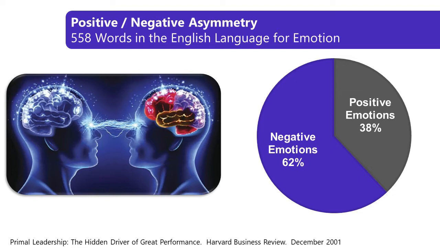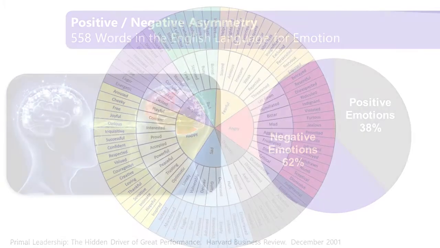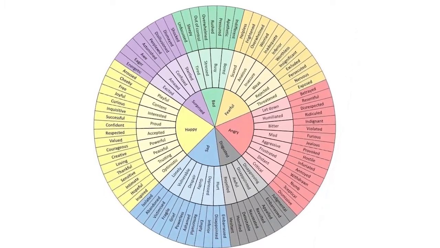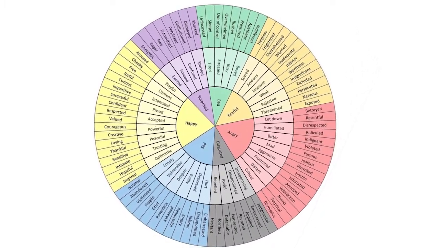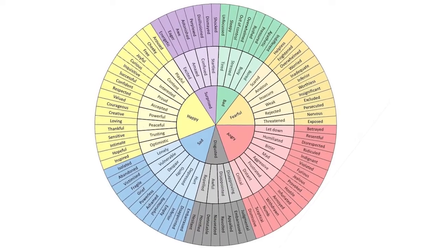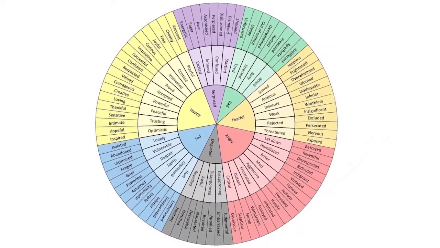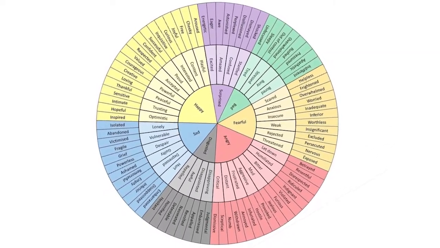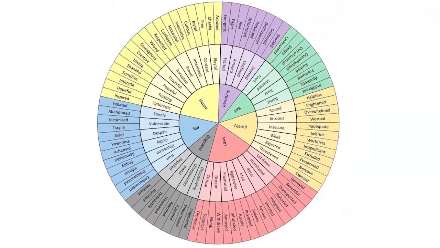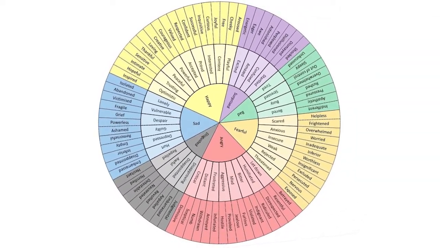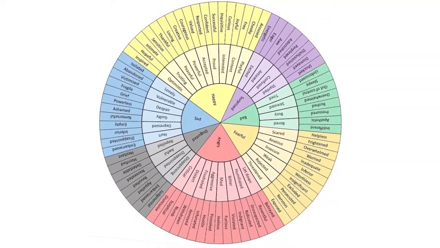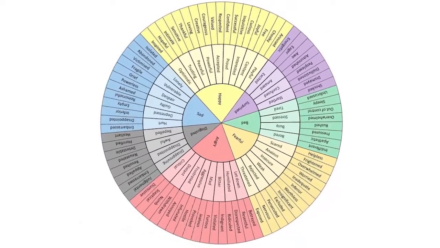One of the studies cited took a look at about 558 words in the English language for any kind of emotion or feeling. The psychologist coded all these different words to determine whether they relate to a negative emotion or a positive emotion. And in our English vocabulary, almost two-thirds of the feelings that we have put words to are negative, and only about one-third are positive.